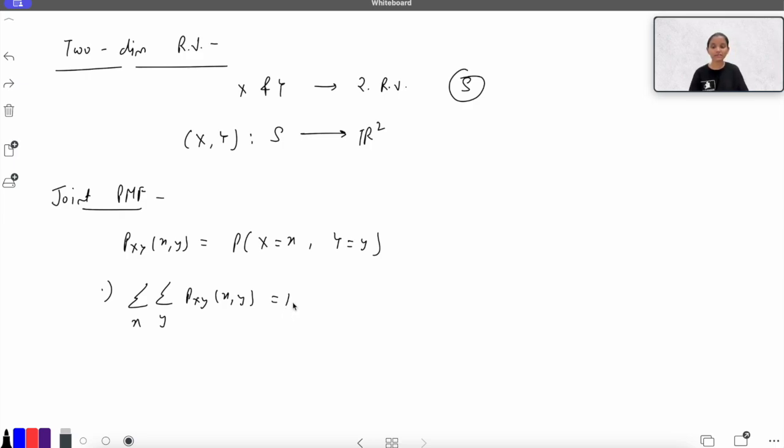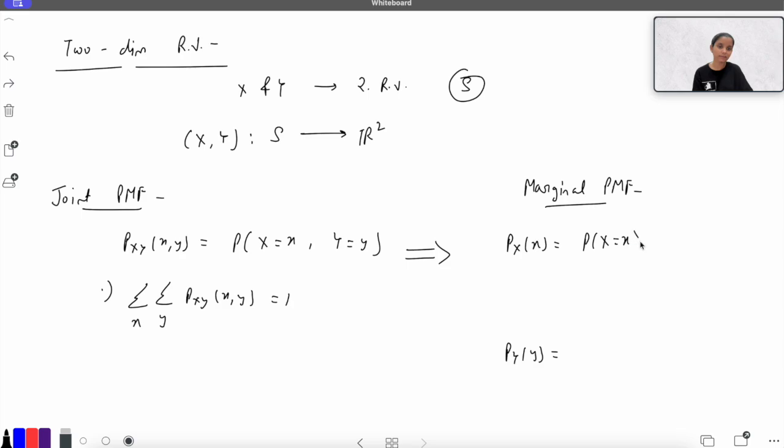Now the next thing: if I have the joint PMF of two random variables, I would be curious about how to find the marginal from it. How would you find the marginal probability mass function, that is, how would you find P_X(x) or P_Y(y)? P_X(x) means the probability that X equals x.